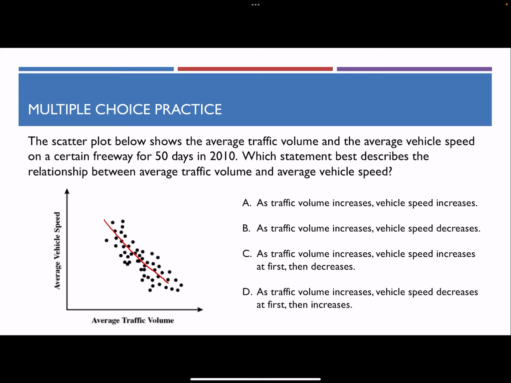This might even be a little curved. But as traffic volume increases, so as I go from left to right, what's happening to the average vehicle speed? Is it going up or is it going down? Or is it going up and then down? That's letter C, up and then down. Or is it going down and then up? Even though it curves a little bit, it's never really increasing. So the correct answer would be B.